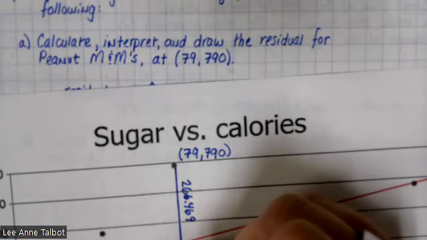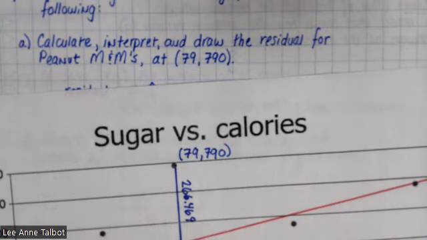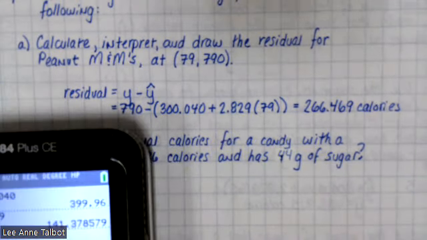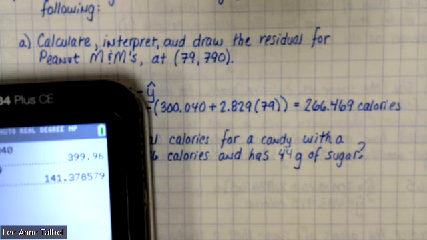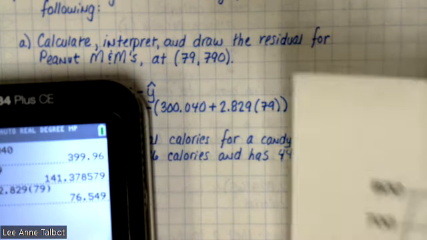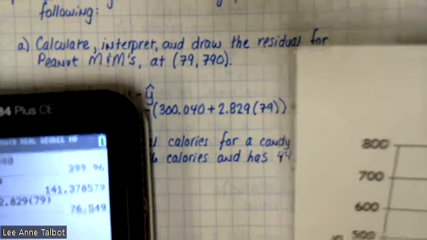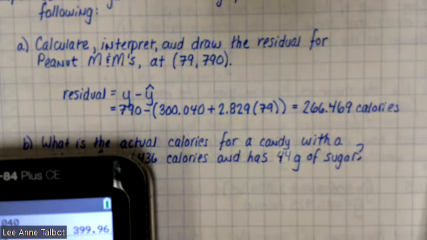And this point is 79, comma, what the heck was it? Hold on. That's supposed to be plus.